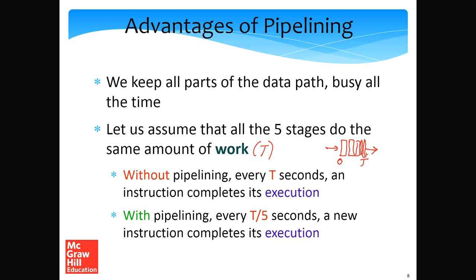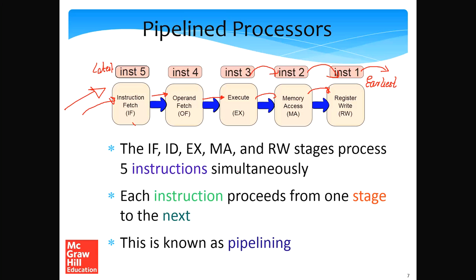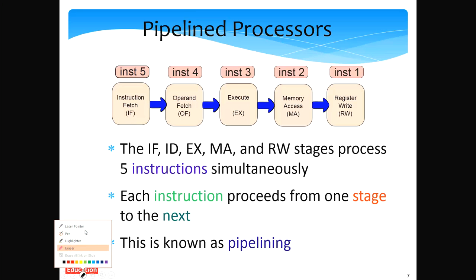So in every t by 5 seconds, because remember that since we have broken down the data path into 5 parts, every part will take, instead of t seconds, t by 5 seconds. Which basically means that for an instruction to move from here to here, it will take t by 5. To move from here to here, it will take t by 5, and so on and so forth.